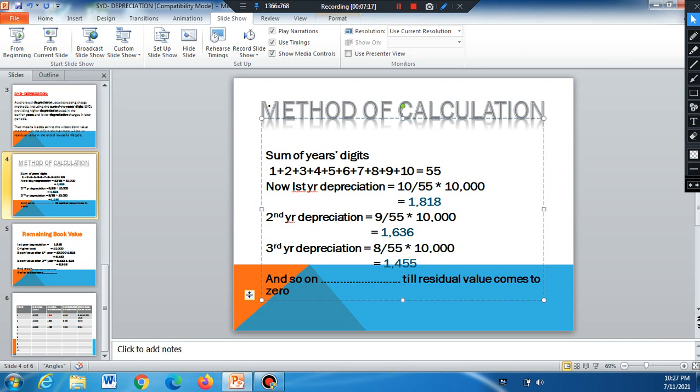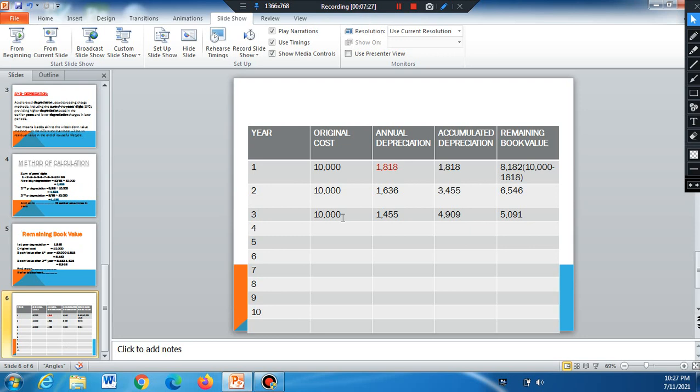On the basis of that, we will keep on calculating the accumulated depreciation and the remaining book value. Okay, so just see here. After 2 years, 1636.